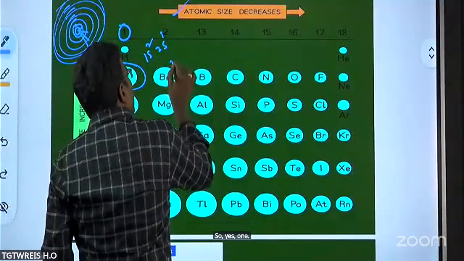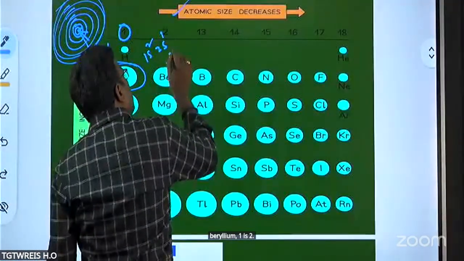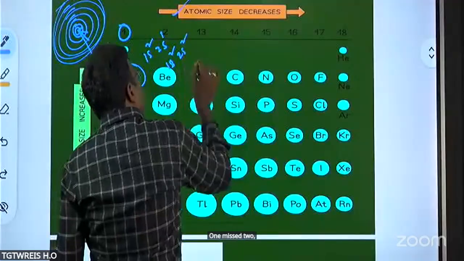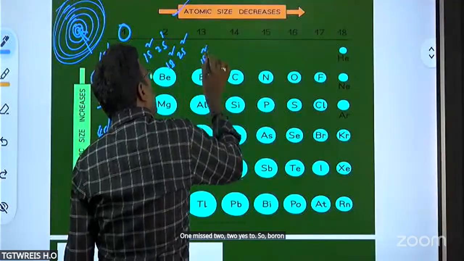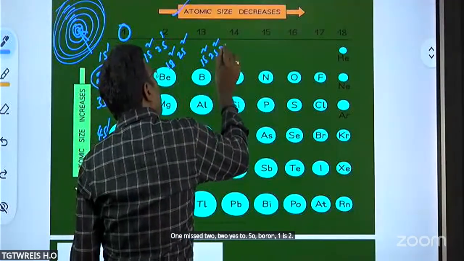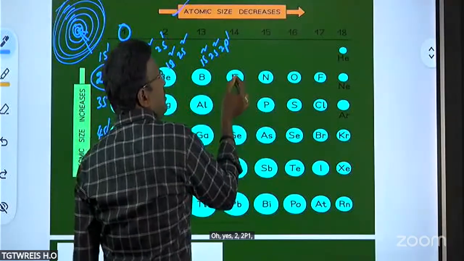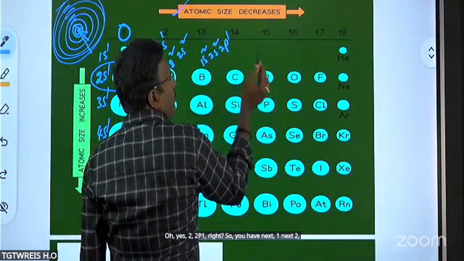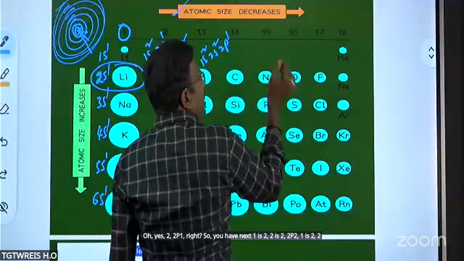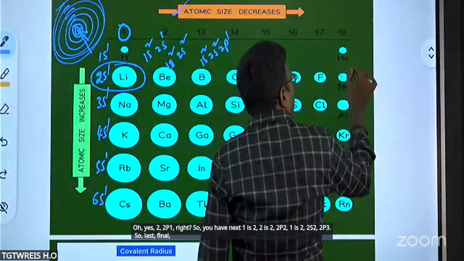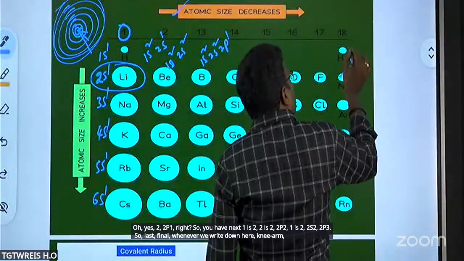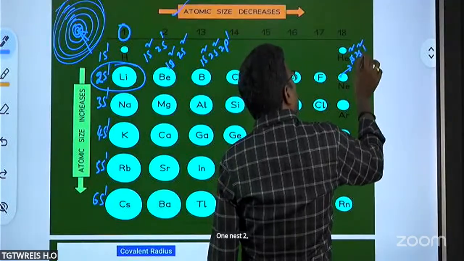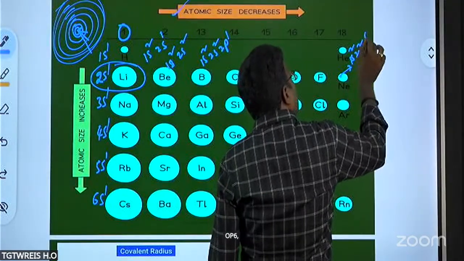Beryllium 1s2, 2s2. Boron 1s2, 2s2, 2p1. Next 1s2, 2s2, 2p2, then 1s2, 2s2, 2p3. Finally, neon is 1s2, 2s2, 2p6.